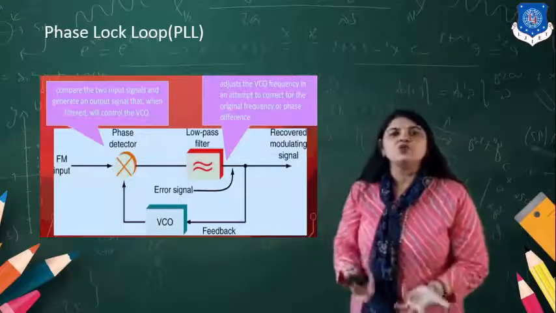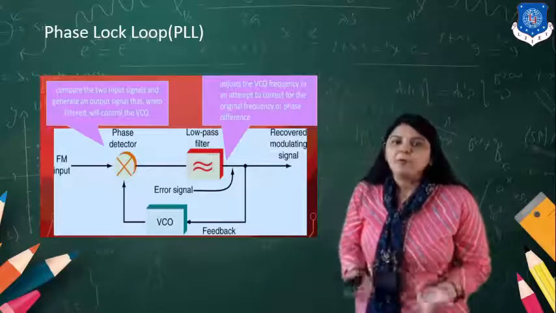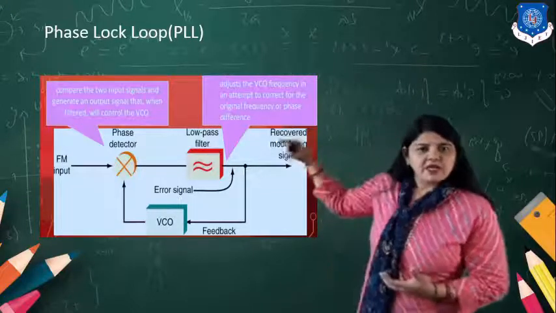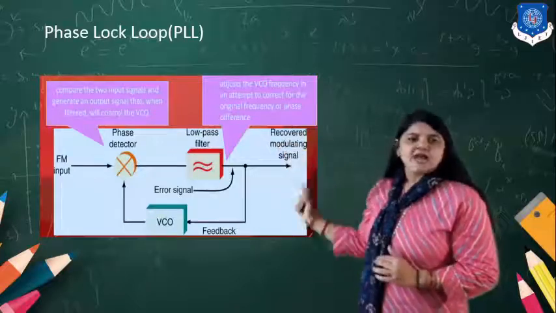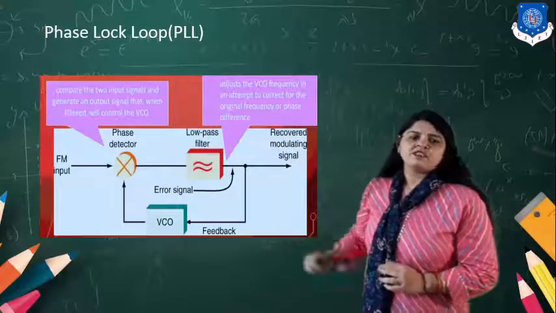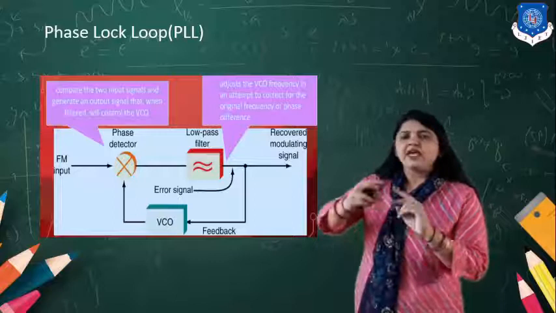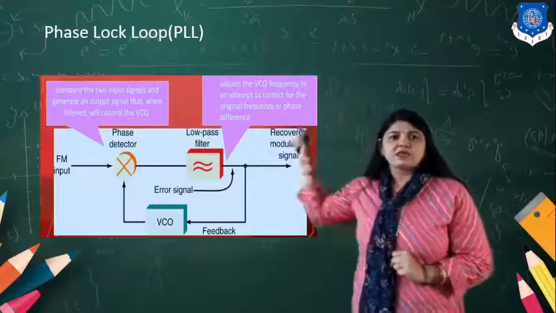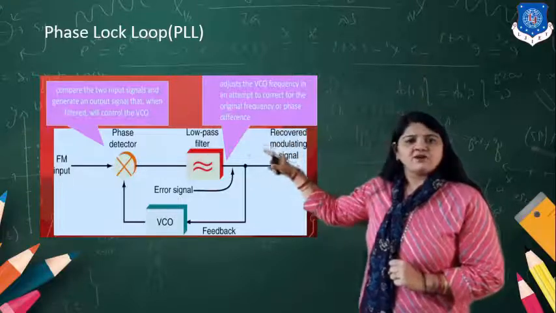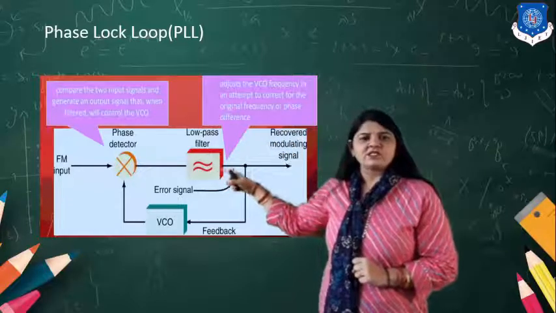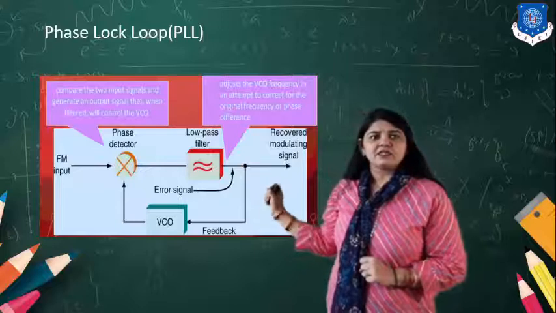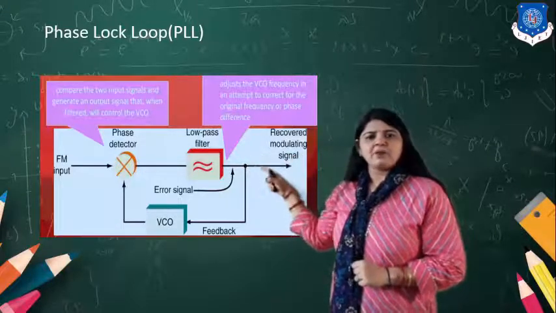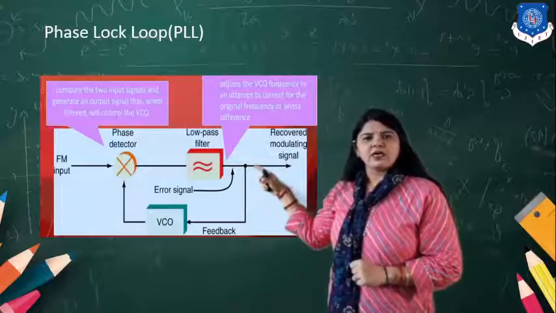It does the function of a comparator, comparing the input FM signal with the VCO output. Based on the comparison, it produces the error voltage, which is applied to the low pass filter. This low pass filter will suppress all the high frequency components and produce the output.